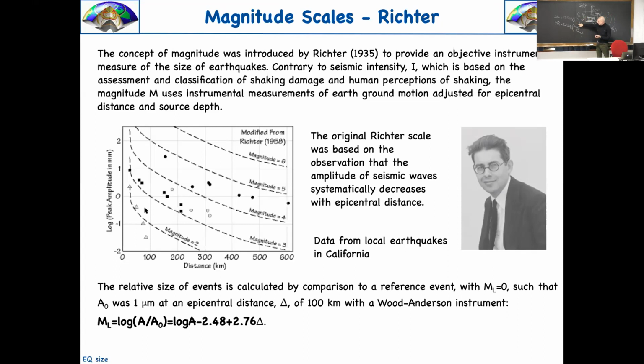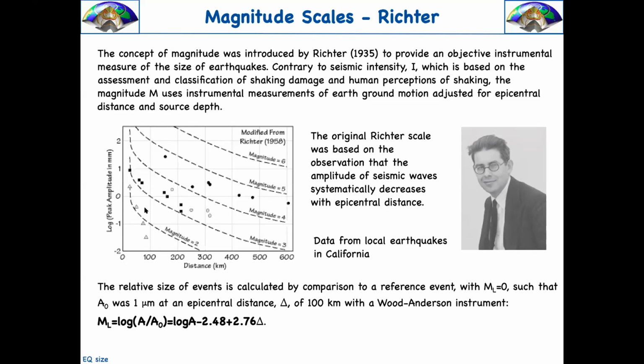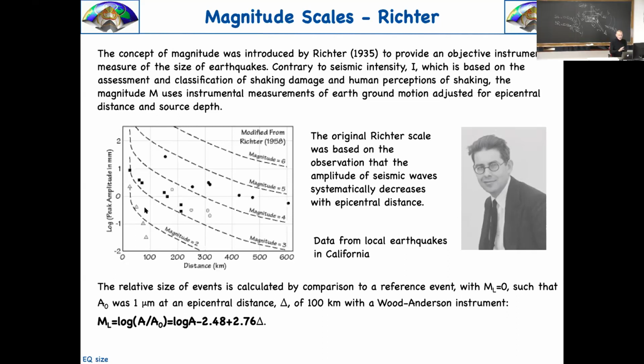Now, the key point is that astronomers, to discuss luminosity of stars, since they have to handle large scales of variation, also use the logarithm of something over a reference. Do you remember this? Yes. Okay. Now, Richter's idea was exactly the same. Very simple. He decided to use a reference amplitude.